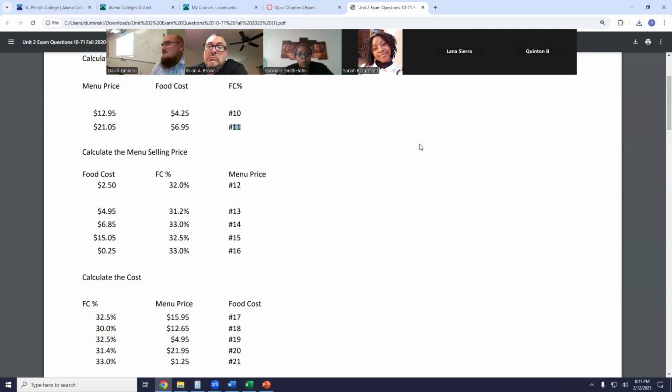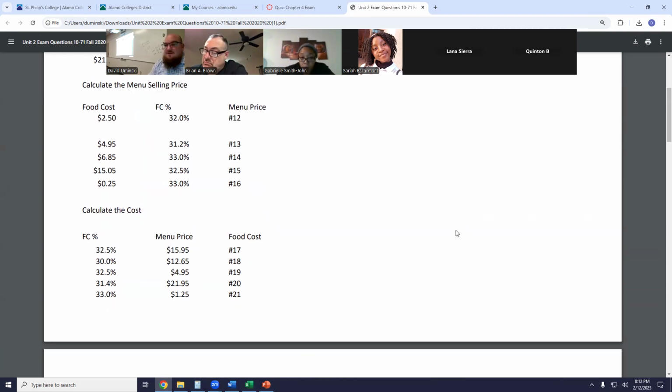What tool are we going to be using? The triangle tool. Questions 10 through 21, all the triangle. First question, food cost percentage. Second question, the menu price. Third question is the food cost. That's the triangle for questions 10 through 21.